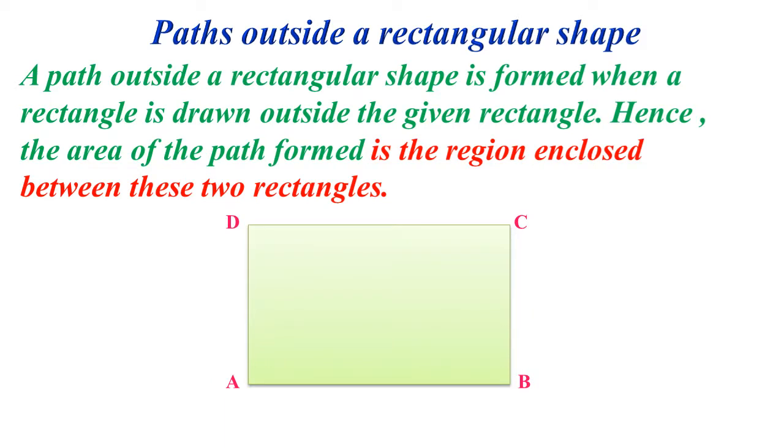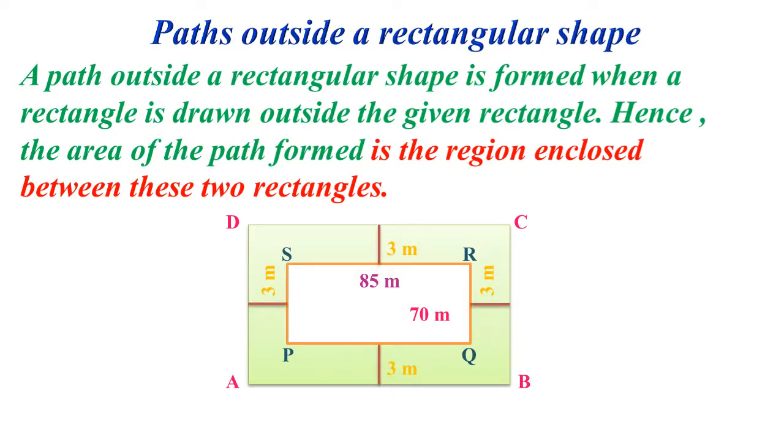The first rectangle ABCD is the outer rectangle, and there is another rectangle PQRS inside it. Inside rectangle length 85 meter, breadth 70 meter, and also a path 3 meter wide. This is one example of a path outside a rectangular shape.